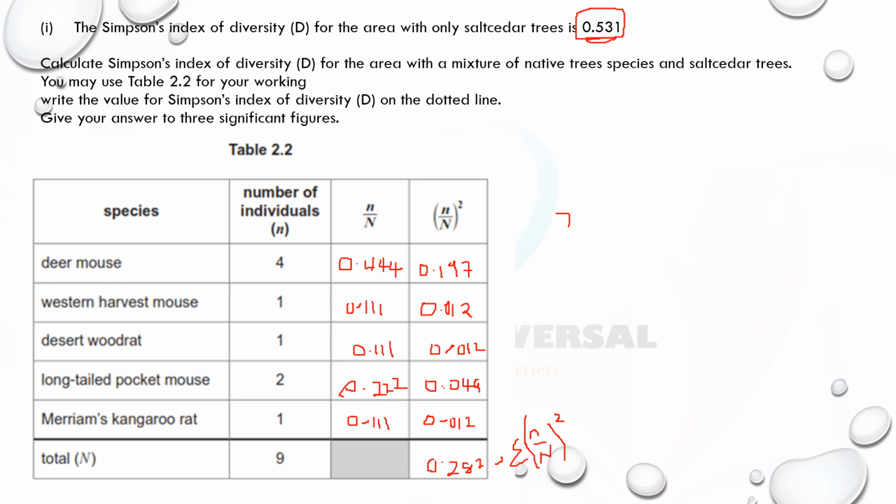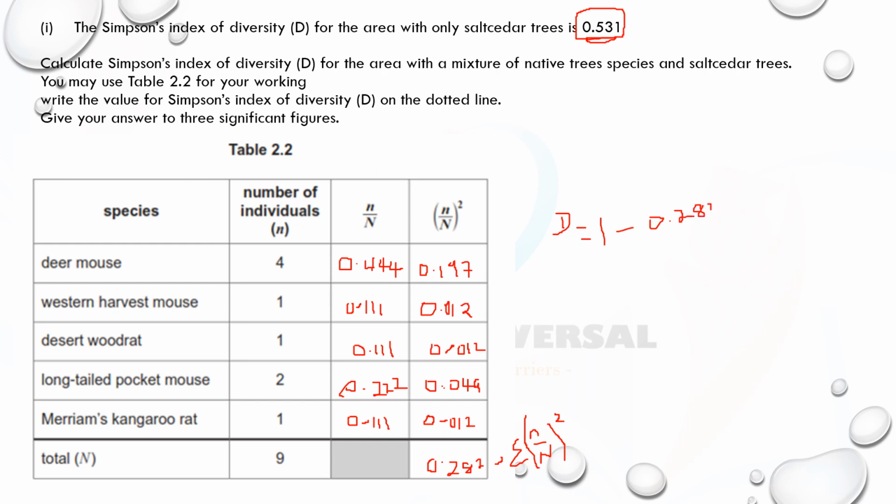So remember that our D is 1 minus what we just calculated, which is 0.282.